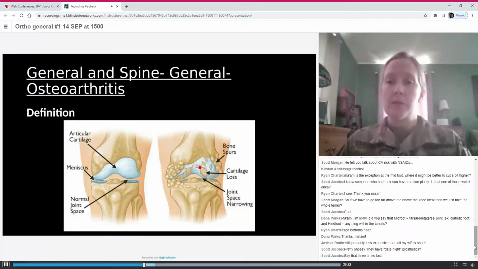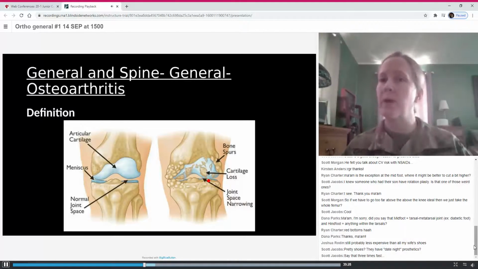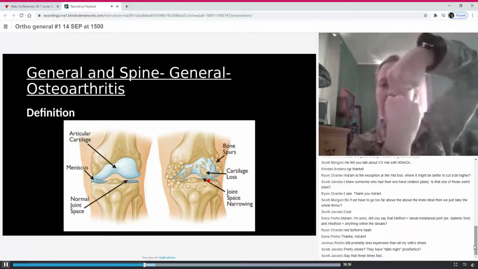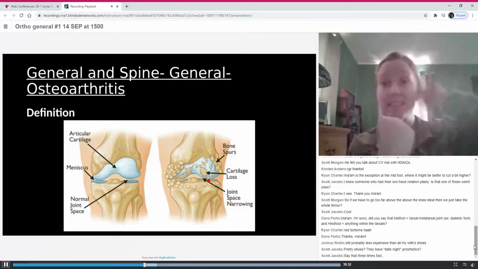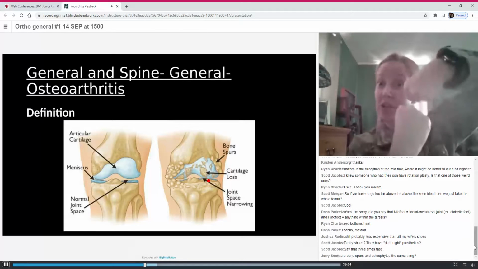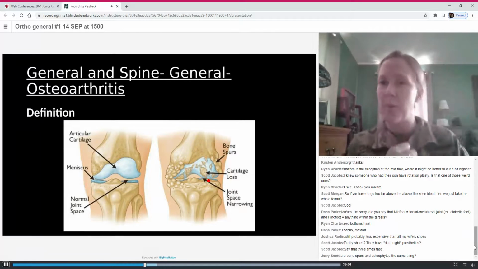Okay, so we have cartilage loss. We talked about that. Joint space narrowing. In a weight-bearing radiograph of the knee, the space that we can't see is actually the cartilage touching each other, but it doesn't show up on that radiograph.